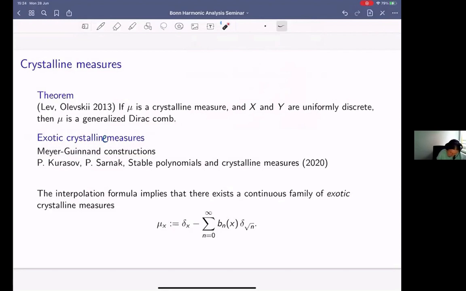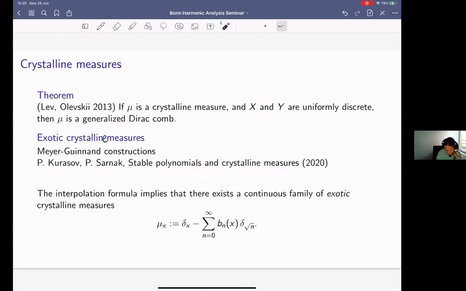And there is a quite recent paper by Kurasov and Sarnak where they construct crystalline measures from stable polynomials. It's also interesting to construct these crystalline measures with extra properties. For example, in this paper of Kurasov and Sarnak, they construct exotic crystalline measures which are positive, so that the measure mu is positive.